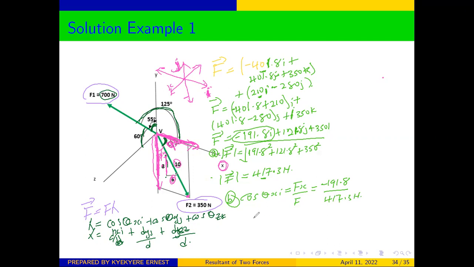And from here we can say that theta x will be equal to cos inverse of whatever is there, which is negative 191.8 over 417.3 newtons. And from there, our theta x will be equal to 117.4 degrees. So this is the angle the force makes with the x-axis.